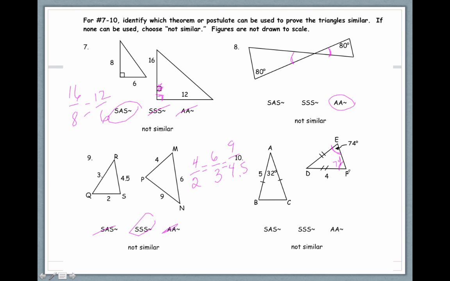So 74 plus 74 is 148, leaving 32 degrees to be up there. So now we have side angle side, side angle side, if these are proportional, but because these two are the same and these two are the same, 5 over 4, 5 over 4, then of course they are. So side angle side.